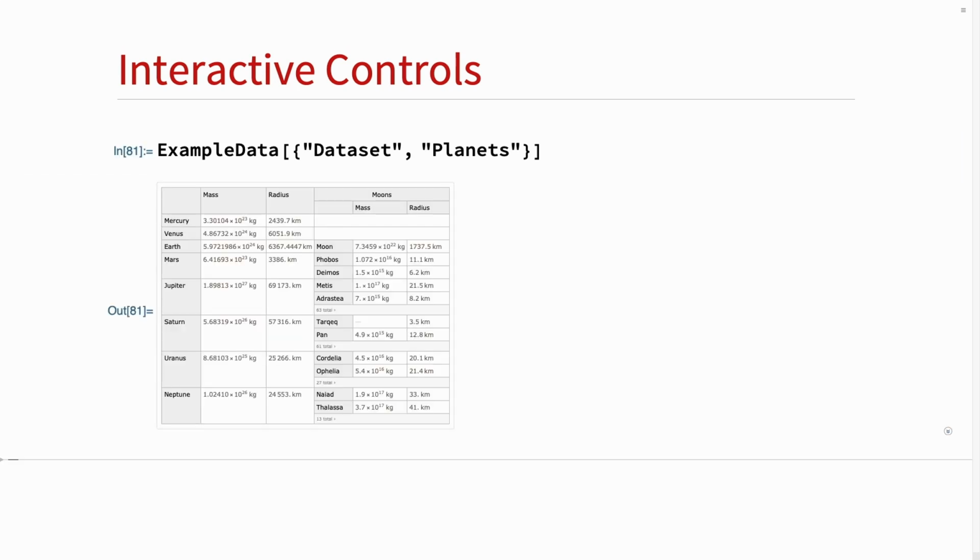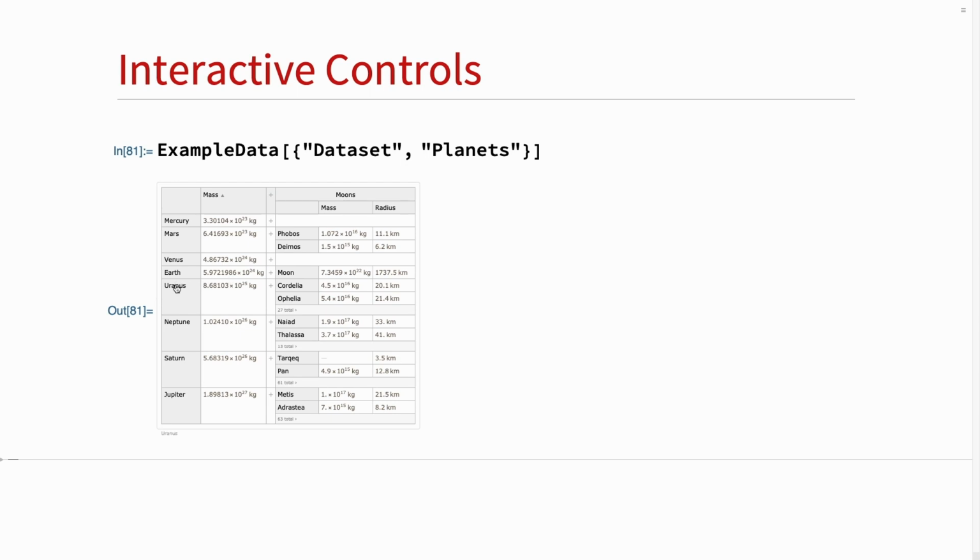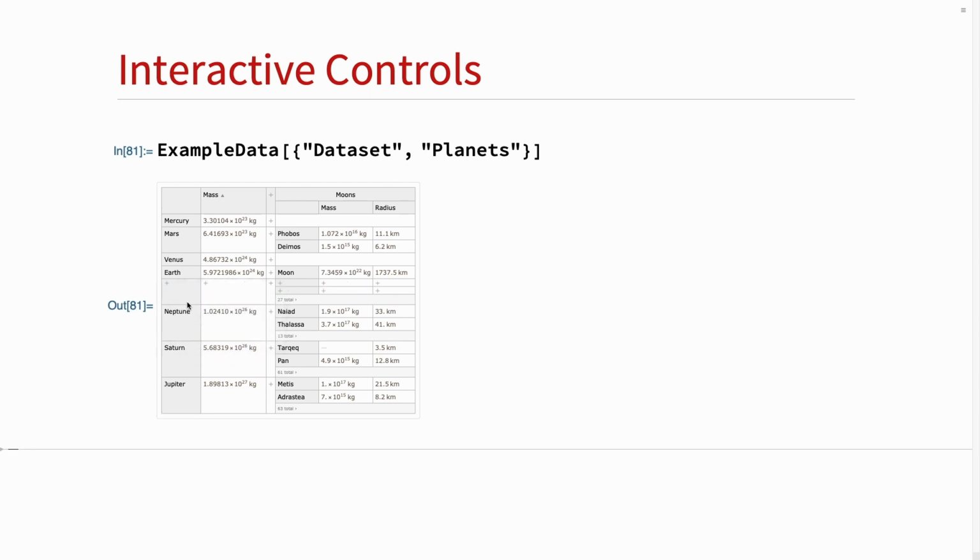So if you right-click on a header, there are new sort and hide controls, so you can sort and reverse sort by column. And you can hide columns. You can hide rows to give you a more focused view into your data set.